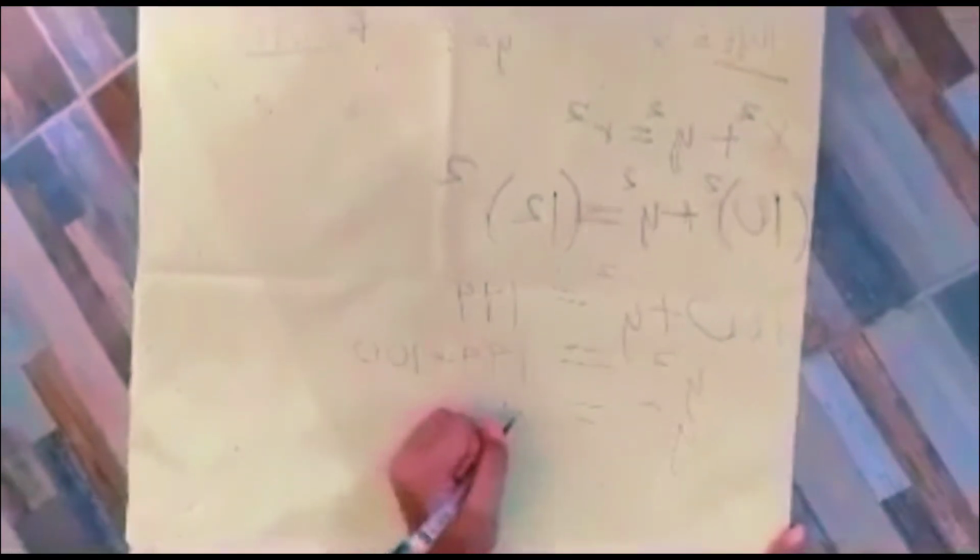Then you substitute the 100 on the right side, so positive becomes negative. Then y squared equals 144 minus 100, which is 44.